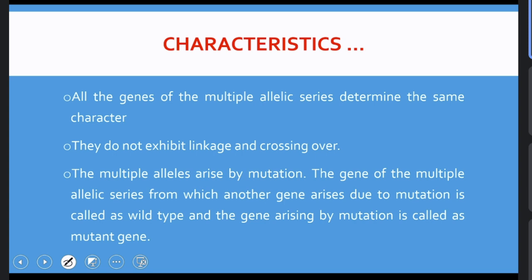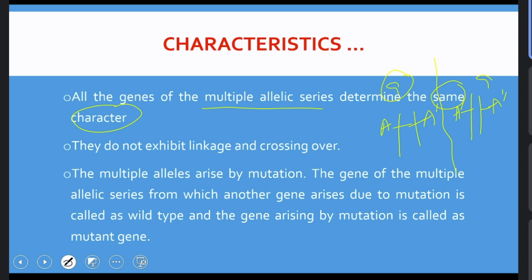All the genes of the multiple allelic series determine the same character, because they are present on the same chromosome locus. A and A dash here, and A dash A double dash here. This is one individual, this is another individual. Both are not the same. During inheritance, I can pass A and A single dash only to the next generation, and this individual can pass only this.